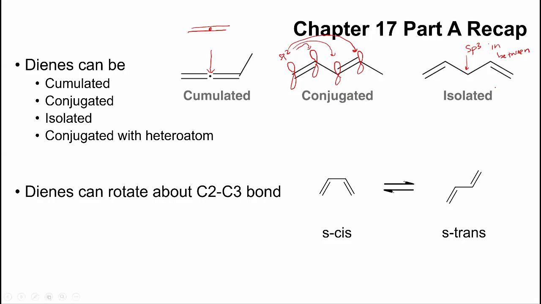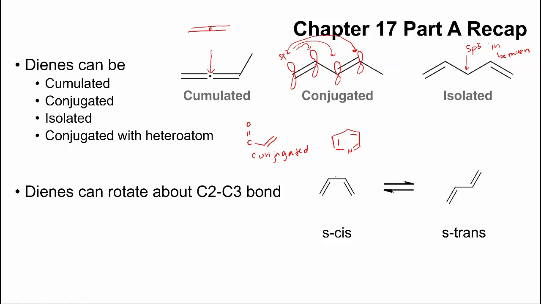You can also have conjugation with a heteroatom. So if you have this here, there's a double bond, single bond, double bond with the oxygen. This is considered conjugated. Or you have pyridine, which looks like benzene, but there's a nitrogen in the ring, and that is also conjugated with that heteroatom.